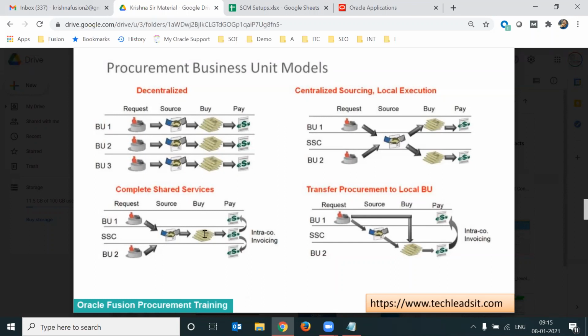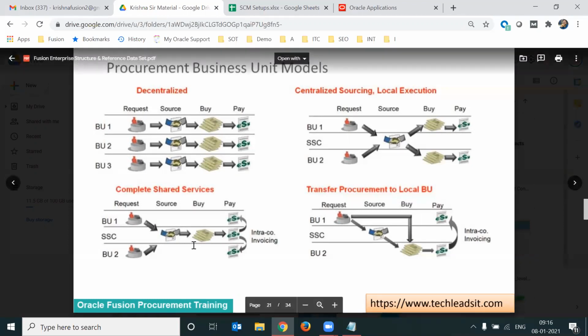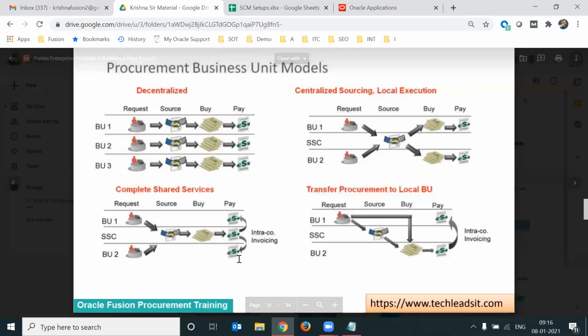You are ordering two products: one product for the India location and one product for the China location. Your supplier delivers the product to the respective locations, you make the payment to the supplier straight away, and you generate the intercompany invoice between the entities.